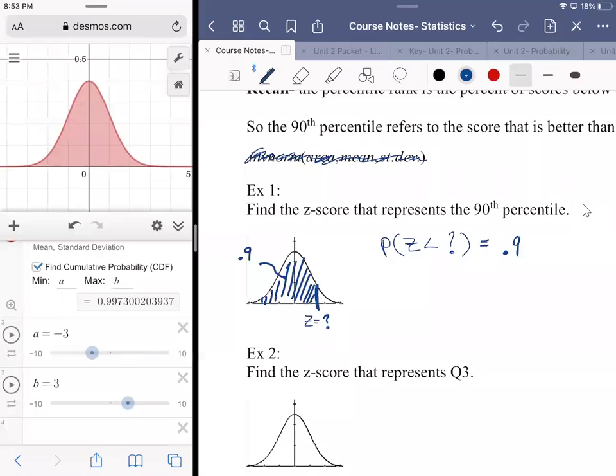I know that this is going to have to go to -infinity, and we said previously that that's basically saying just go to -10 and you're good. So I would slide this slider until I got as close to 0.9 as I could get.